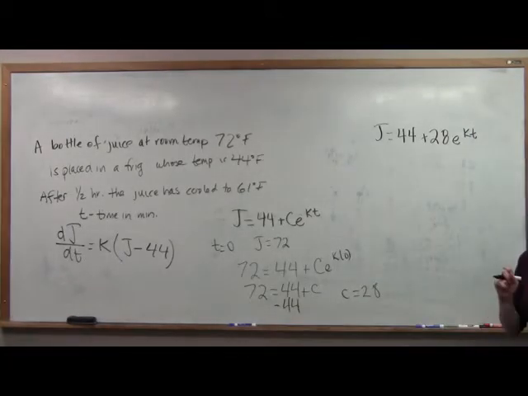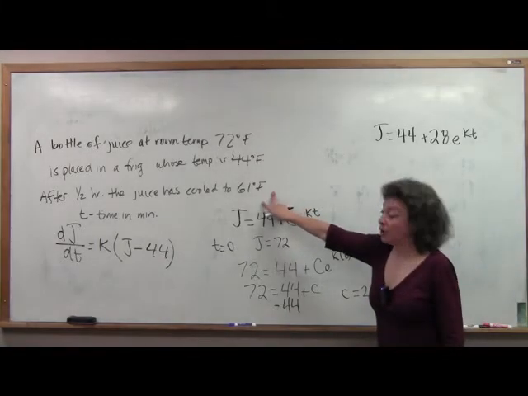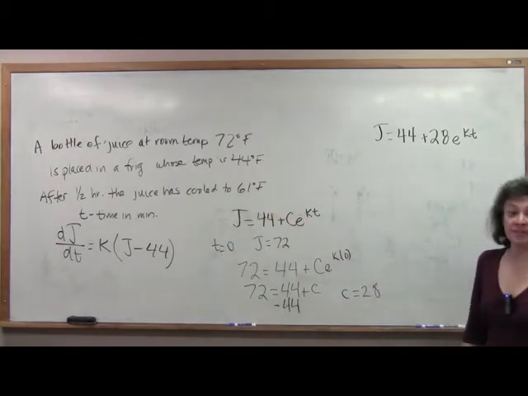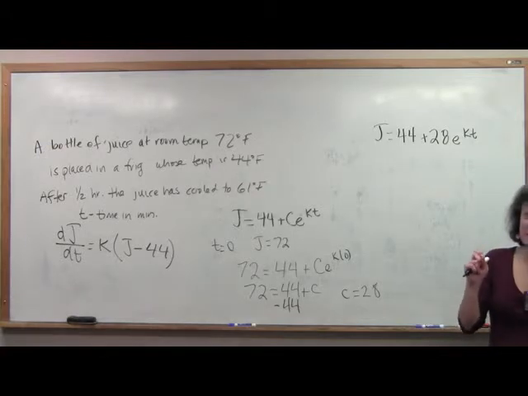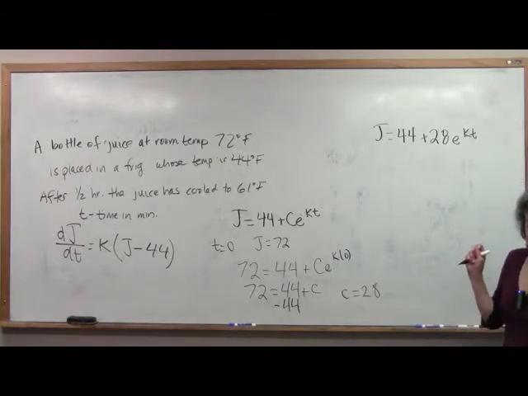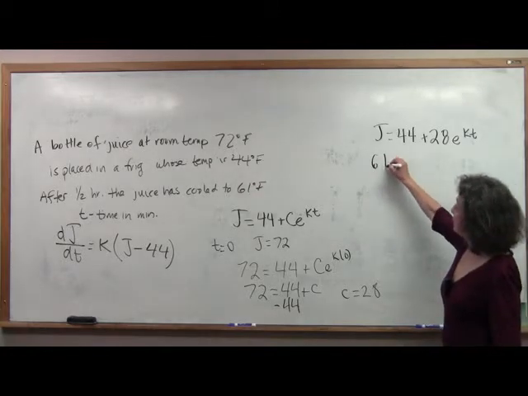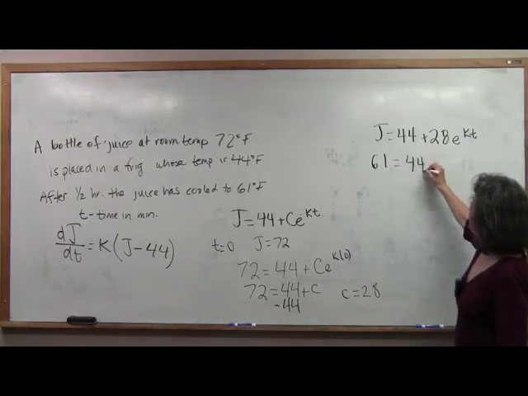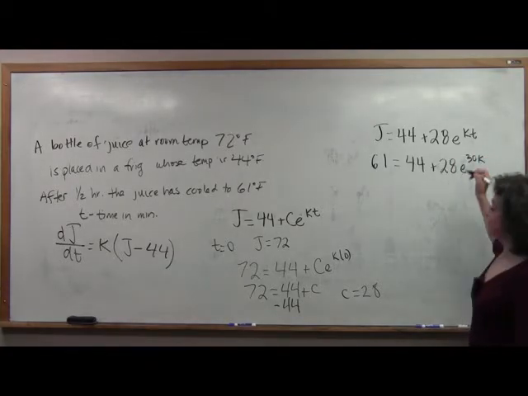Now, we're also given another piece of information. We're also told that after a half hour, the juice has cooled to 61 degrees. This last piece of information is actually going to give us the value of k. What do we know? We know that the juice is 61 when t equals 30.